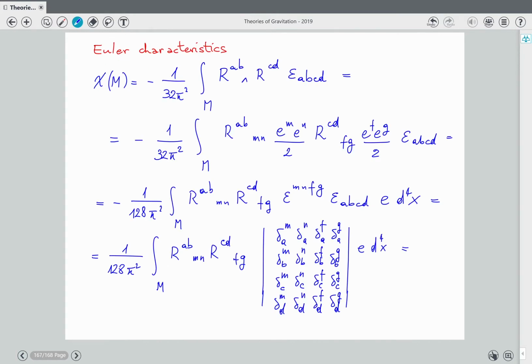So let's compute it here, for example. I think this is what I did here. The first is A equals M, and then we have this determinant. A equal M means that this is the Ricci tensor R_BN, because we contract the first and the third.